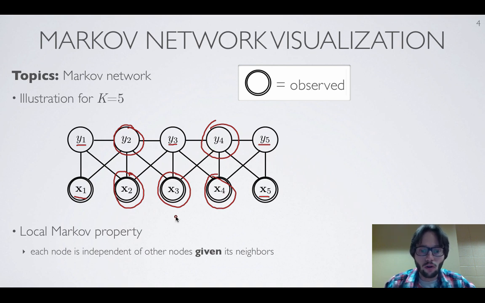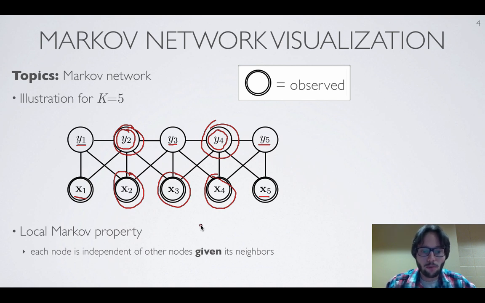That can be useful if we want to determine in our model whether certain random variables are dependent on each other or are independent, given other variables that we might observe. In the conditional random field, we always observe all of the inputs, so that's x1, x2, x3, x4, and x5. I've used a double circle to identify those nodes that are observed. But imagine that I also happen to observe in the sequence y2 and y4, maybe because for some reason I actually have this information.